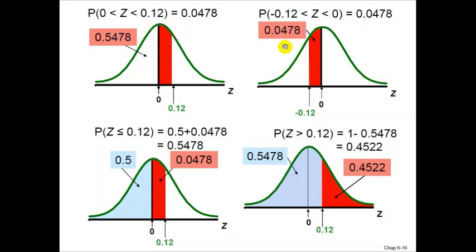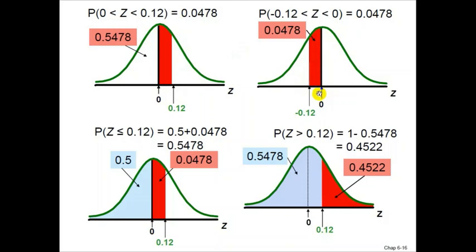Second part, if the question asks you to find the probability of Z in between negative 0.12 to 0, so this is the second possibility. Just now you were asked to find the Z value for the positive side. What about if you were asked to find the probability for the negative side? If you observe carefully, this is actually the same as this one, because your normal distribution curve is symmetric.